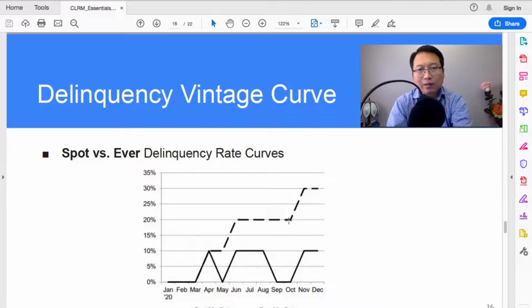It always goes up. The ever delinquency curve is often used to measure a portfolio with a very low occurrence of delinquency and loss, such as a mortgage. Otherwise it's too small to see.